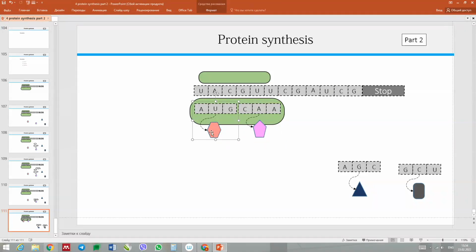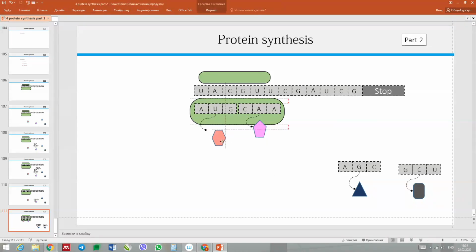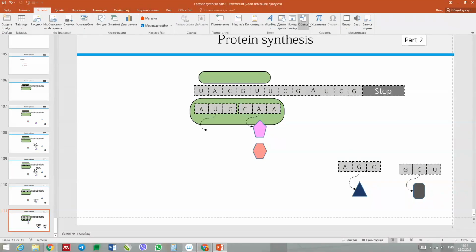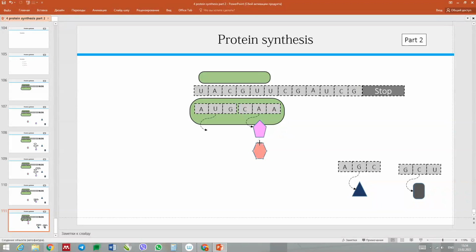What will happen next? Next, this guy will be transferred here. Okay, and connection between them will be established. Okay, let's do it in a simple way like this.